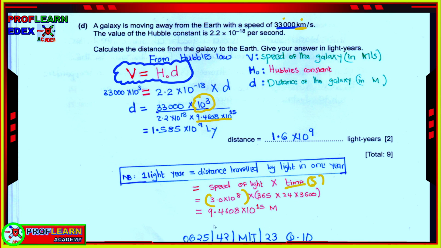We have our distance traveled in 1 year to be 9.4608 times 10 raised to the power 15 meters. So you'll now have to put it here, because if you just use 33,000 times 10 to the power 3 divided by 2.2 times 10 raised to the power 18, you'll get the distance in meters. Then you have to divide by the distance traveled in 1 year.